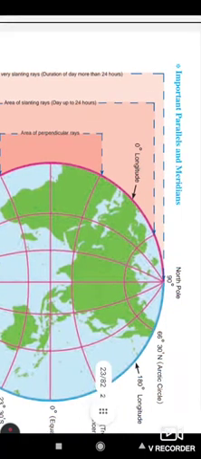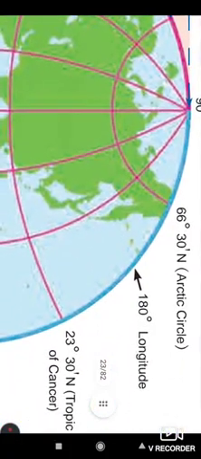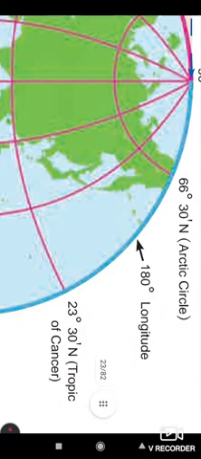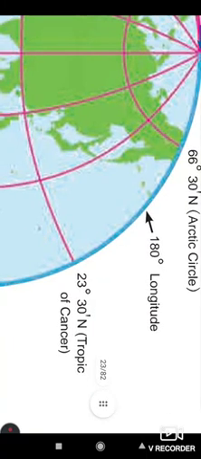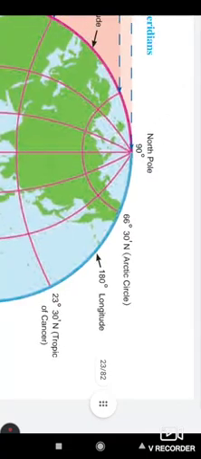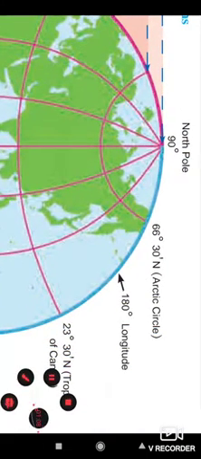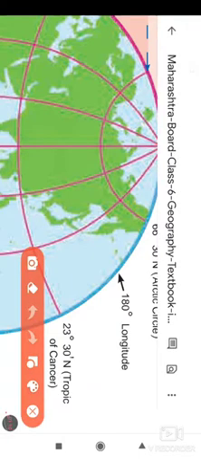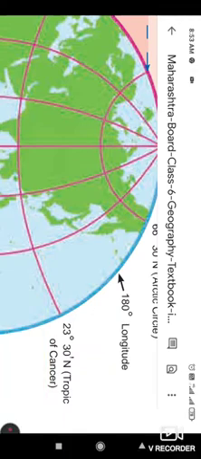This is 0 longitude, and here we have different degrees that are calculated on the earth. Okay, the top view, that is this line. Okay, it shows the region Antarctica.